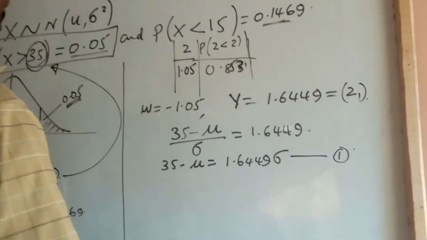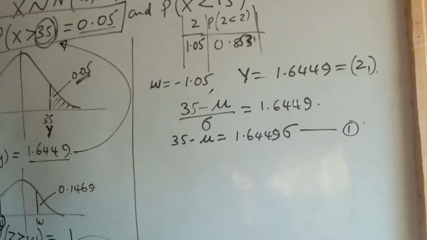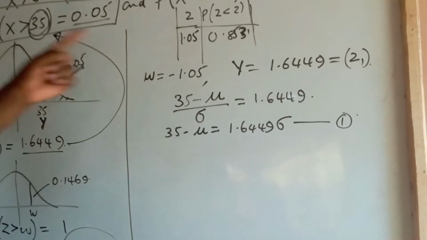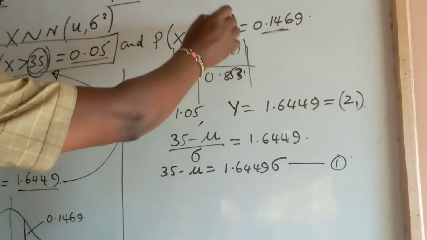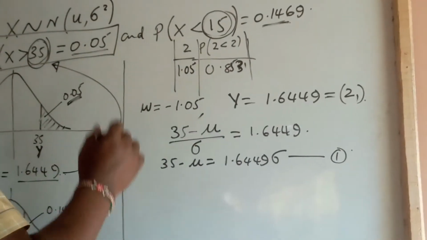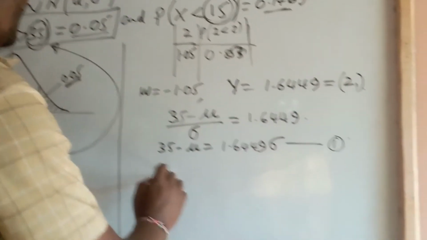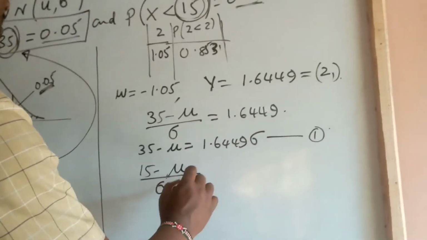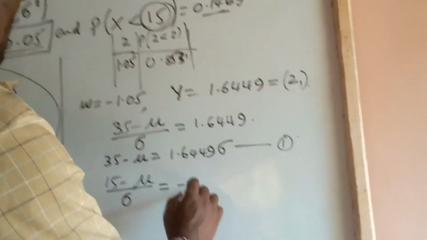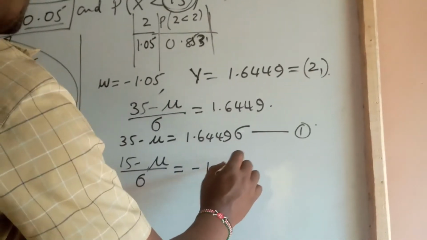What about the w, which is negative 1.05? This one is associated with 15, the unfamiliar boundary in this case. So we can easily say that 15 minus the mean over the standard deviation should give us minus 1.05.